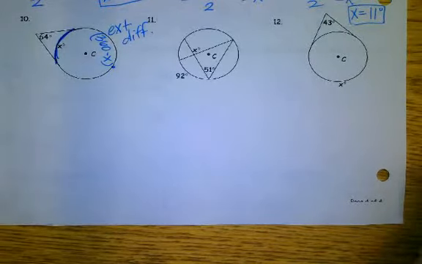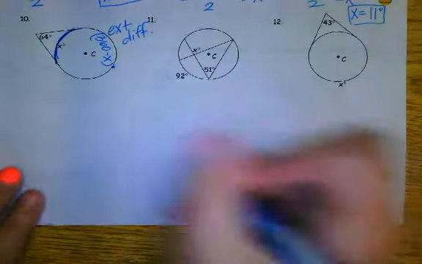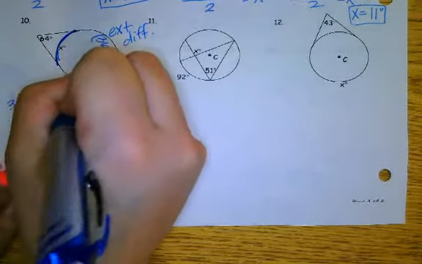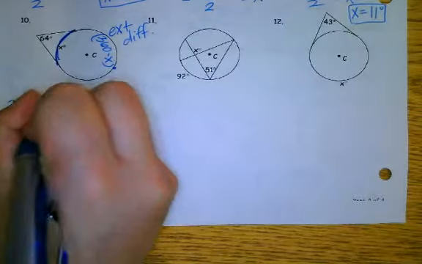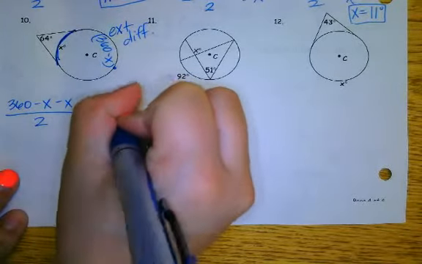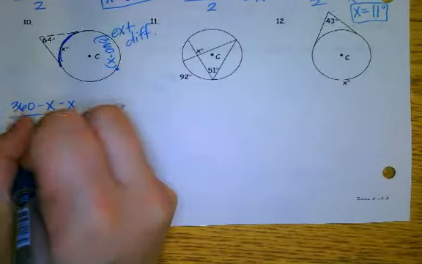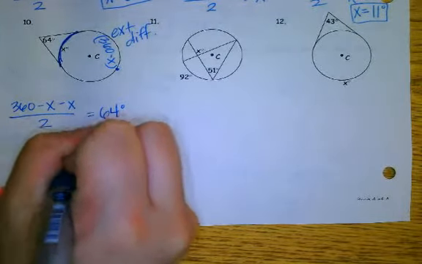Okay, so how do I go about solving this? 360 minus x over 2 equals 64 degrees. I have 360 minus x equals 128.